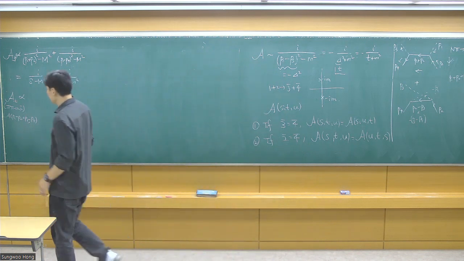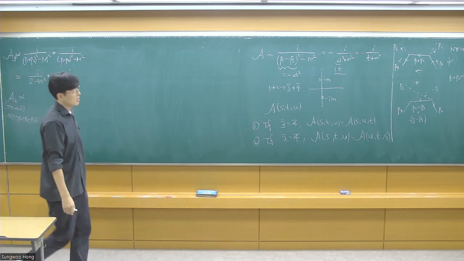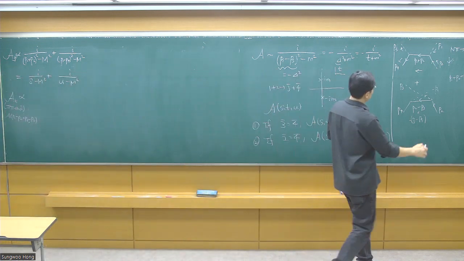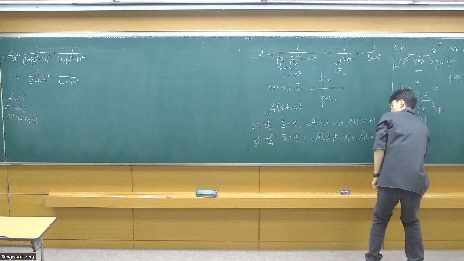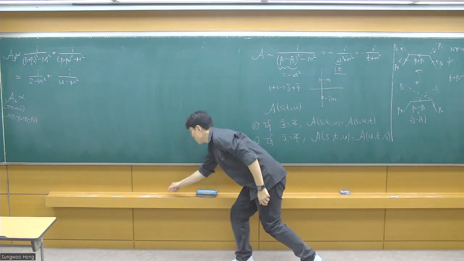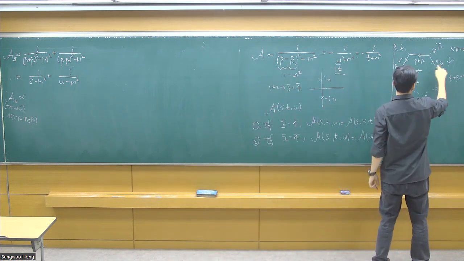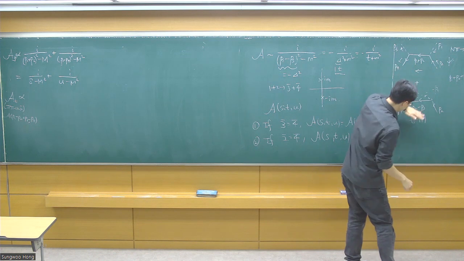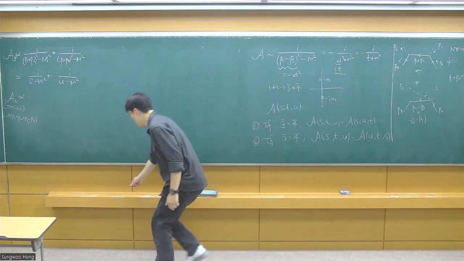Okay, so in this case, what happens? If you read it that way, like I told you, you have to flip the sign of P2 and P4. And here too, you do exactly the same thing, flipping the sign of P2 and P4.